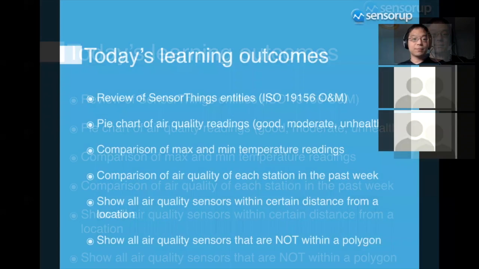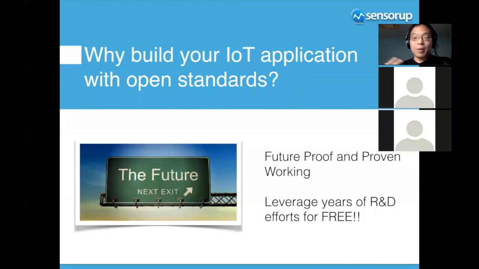Okay, next one. I mention every time I do a talk why you should use an open standard to build your IoT application. Today, the reason is future-proof and proven working. You have 2 choices: if you want to build an IoT application, you can use the existing open standard, or you build your own. When you build your own, you risk not leveraging the years of R&D effort from these open standard organizations.